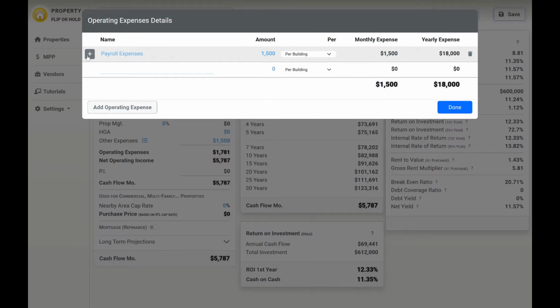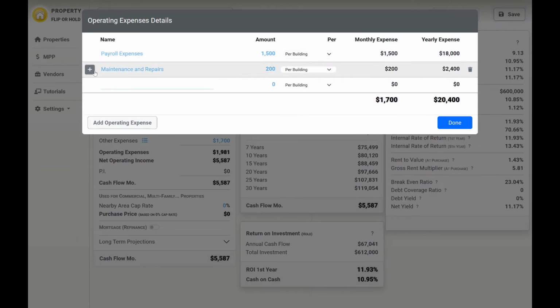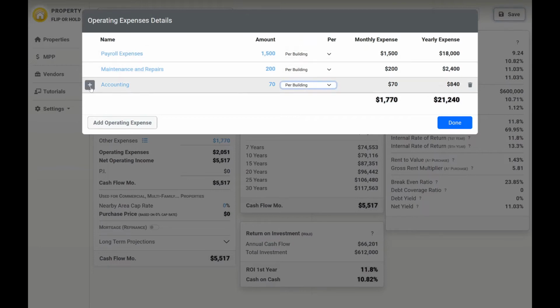I think there are a lot more expenses than what they're showing. We also have maintenance and repairs, and that's also $200 a month. And then we have accounting per month, about $70, which per year is actually $840.